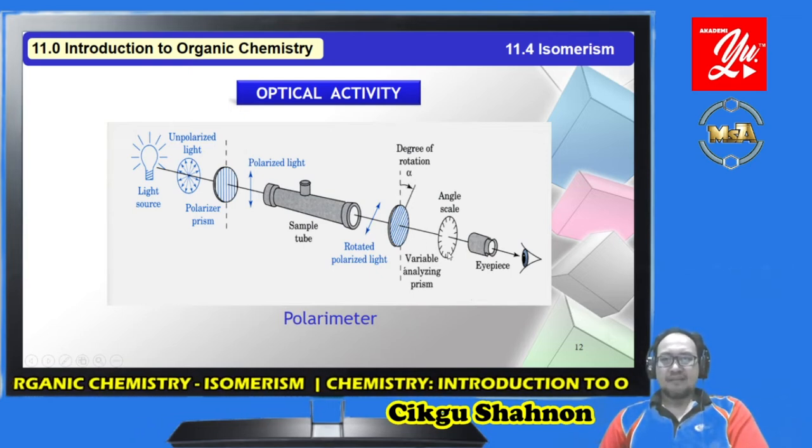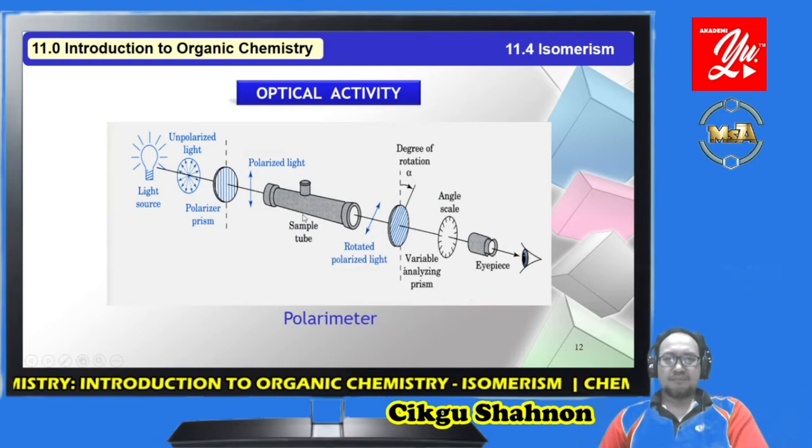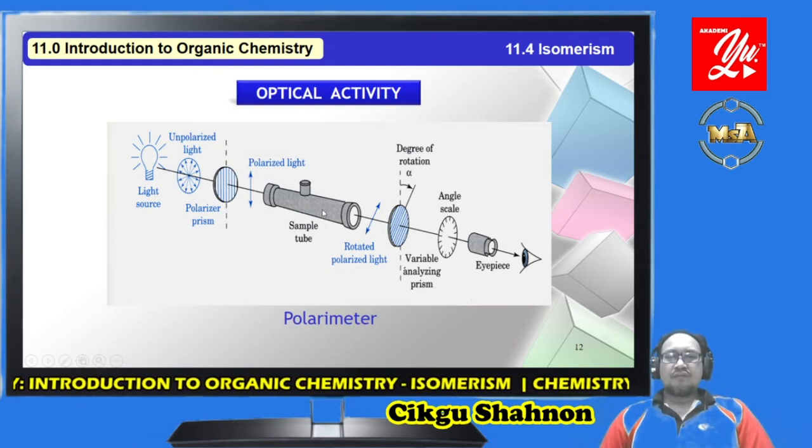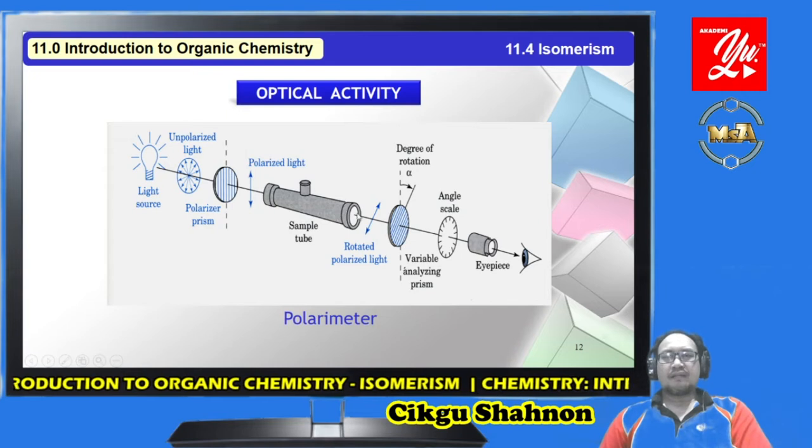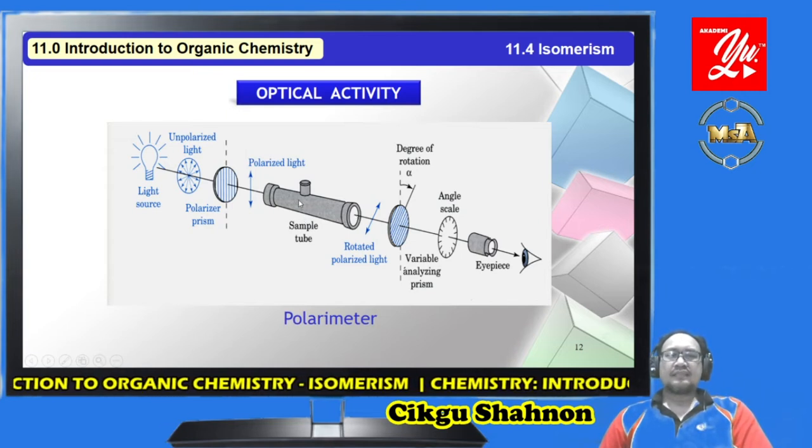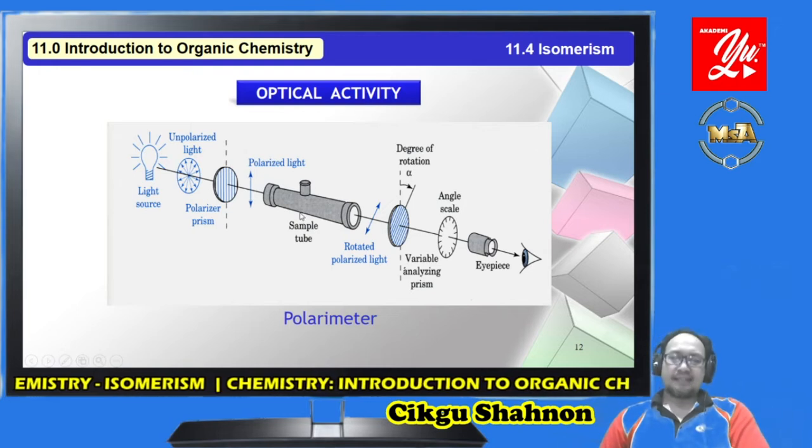Here we have an angle scale, and this is our eye, so we can measure the angle of rotation. This we call a polarimeter. For a sample that can rotate plane polarized light, we call this sample optically active. If a sample cannot rotate plane polarized light, then that sample is not optically active.